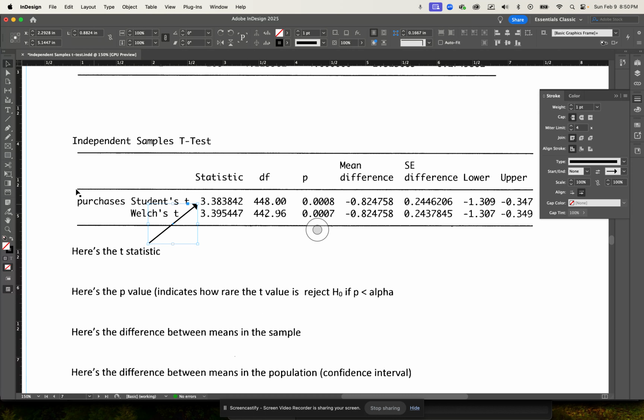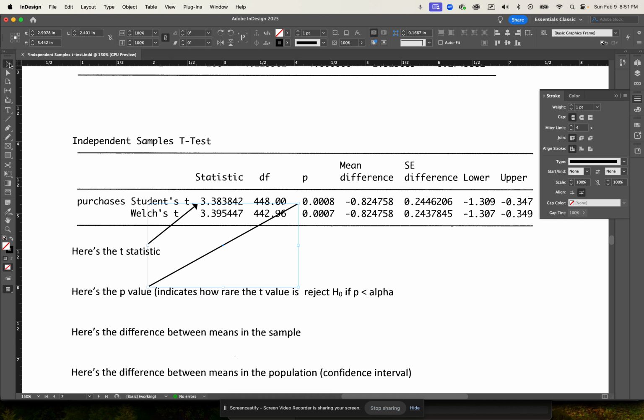And then we have the p-value, which I didn't talk about, but the p-value is calculated for us. This is the second way to determine whether the t is large or small. So remember, looking at a table, the cutoff was plus minus 1.96.